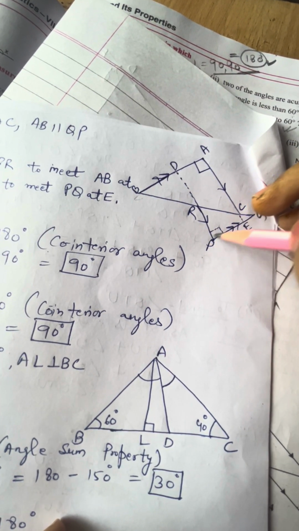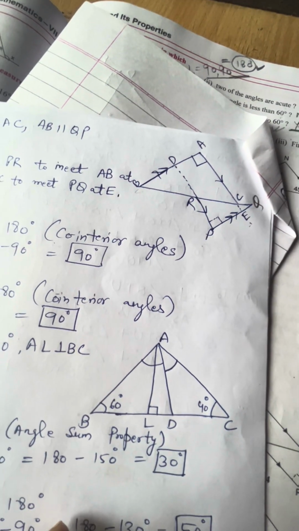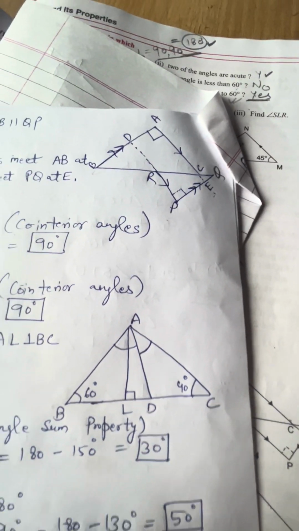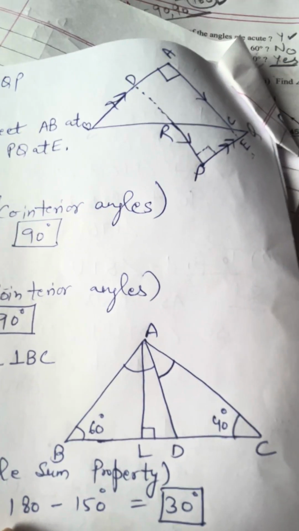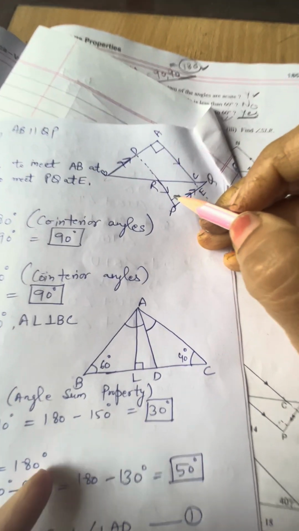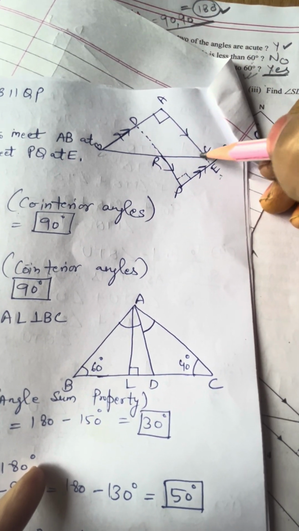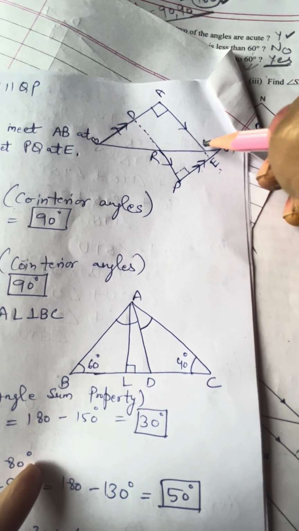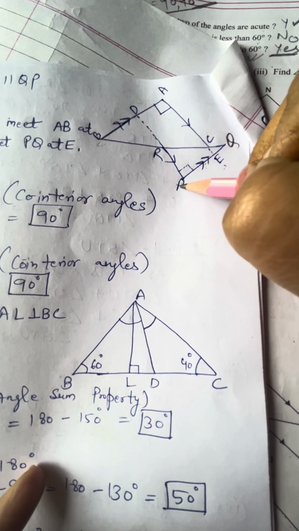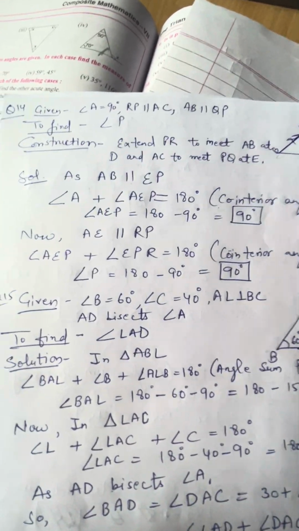Then this line is parallel to this line and this line is parallel to this line, okay. If we know the properties of a quadrilateral, then it is a parallelogram, opposite angles are equal. But in this case we use co-interior angles, the sum of these two angles is 180 degree, then again co-interior, then we will get angle P is equal to 90 degree, okay.